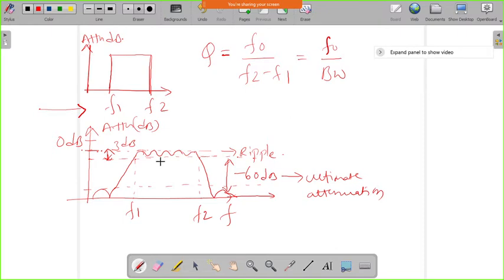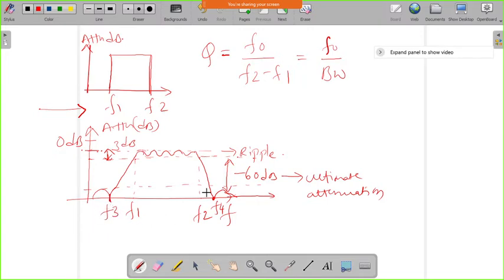Now you can see here there is a sharp roll off, from where it is coming from pass band to stop band. Where it exactly meets the curve on the frequency axis, we'll call it f4, say for example, and wherever it starts from 0 and the slope increases, we'll call it f3.